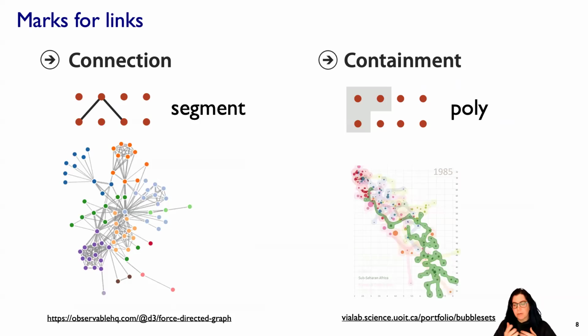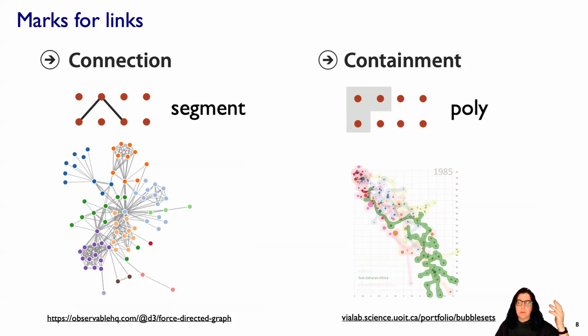Links are in general an idea of a network where we have connections between things. In the special case of a tree, which is a network where every child has only one parent, we could also think about showing that hierarchical structure with one of these polys. So a poly can be an enclosing mark, a containment mark.